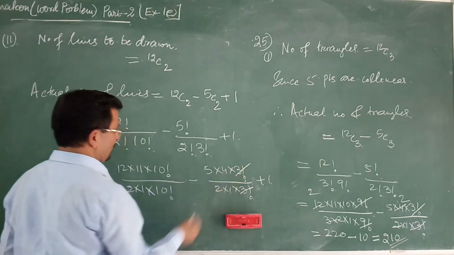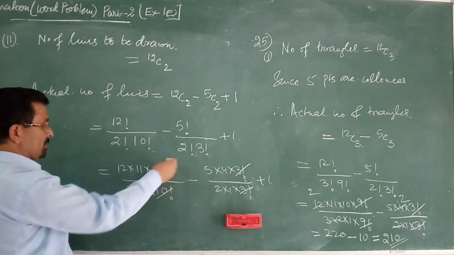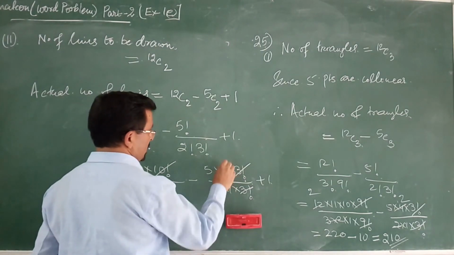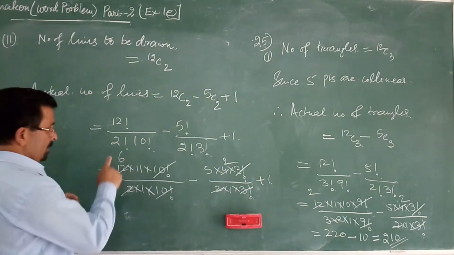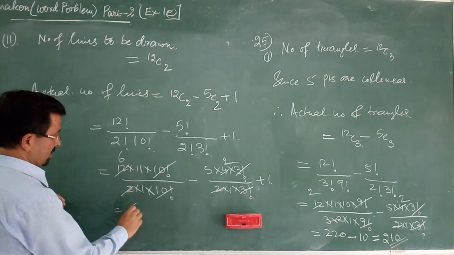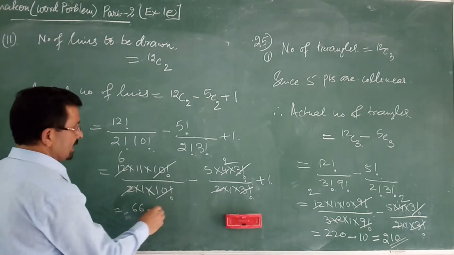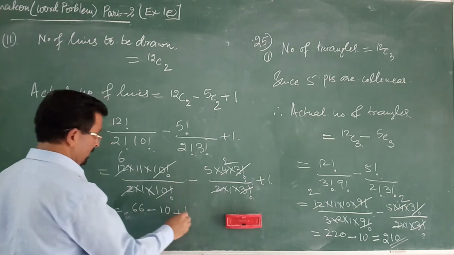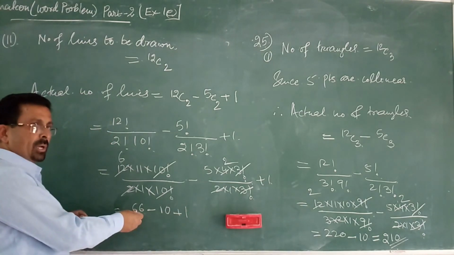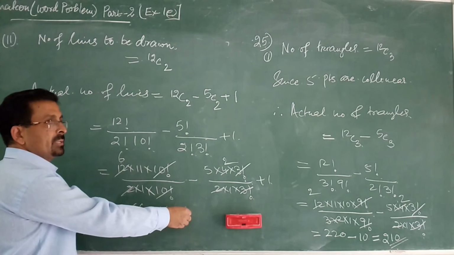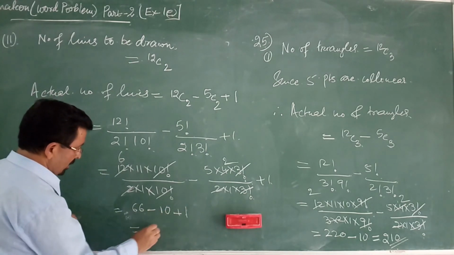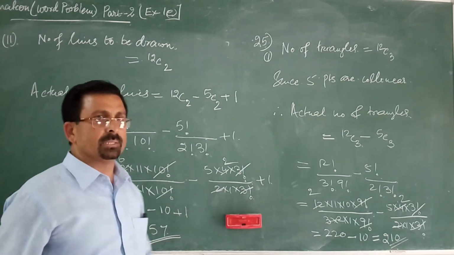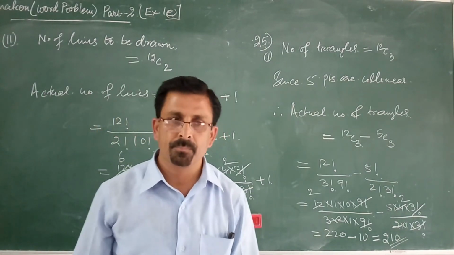This 3 factorial cancels, this 10 factorial cancels, 2 sixes are 12, 2 twos are 4. This becomes 66, minus 10, plus 1. These two are constants, we can add them together, right? So 66 plus 1 is 67, minus 10 is equal to 57. We can have this many lines. Is it understood? Yes, sir. Thank you.